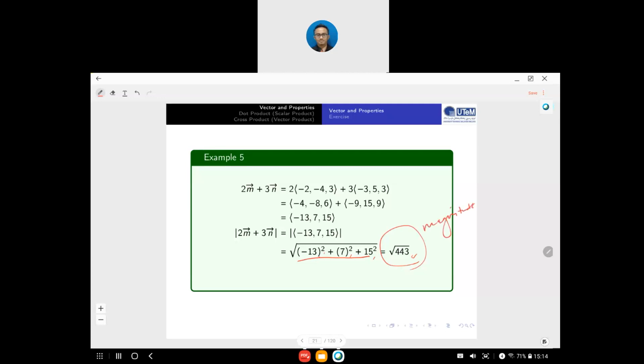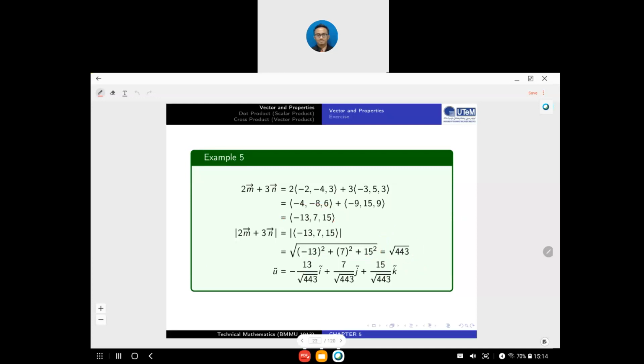Now we want to find the unit vector. The unit vector is the vector divided by its magnitude. So we get -13 divided by square root of 443 i plus 7 divided by square root of 443 j plus 15 divided by square root of 443 k. Please do not forget the i, j, k.